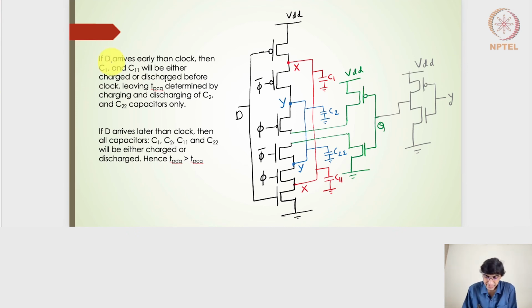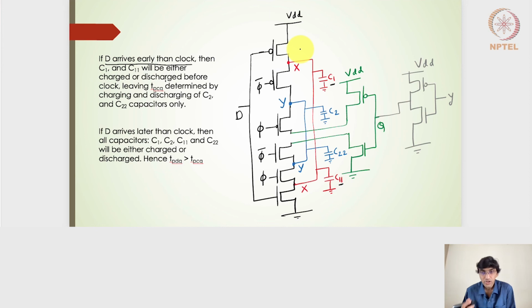Now let's say that the D arrives earlier than the clock, so the clock arrives later. In these 4 transistors we have the clock signals, and the clock arrives later, but D arrives earlier. So if D arrives earlier, we know that C1 as well as C11 can either get discharged completely, or be charged completely.